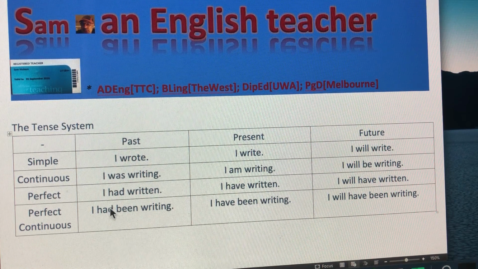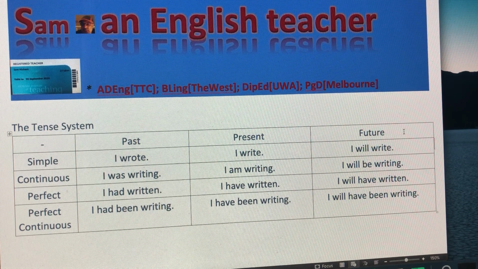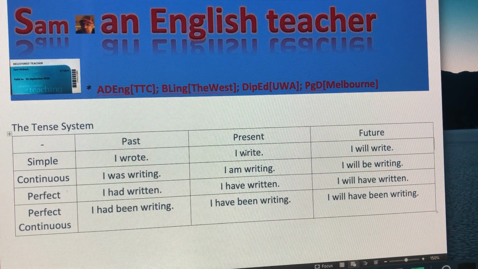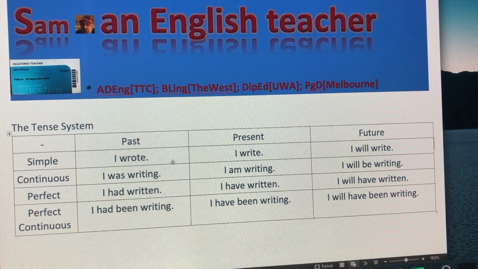So there are 12 tenses, and first, past, present, future, a dash here, the tense system on top. Now, a verb I have chosen is the word write. Present simple is I write.